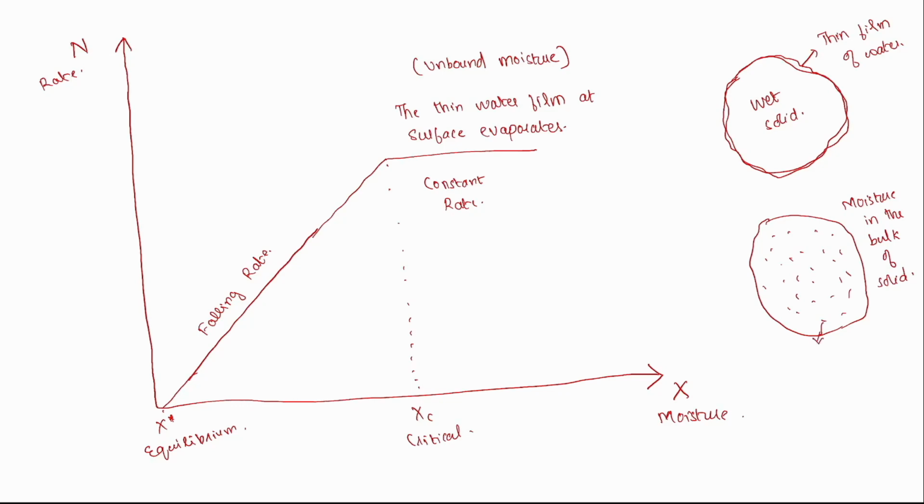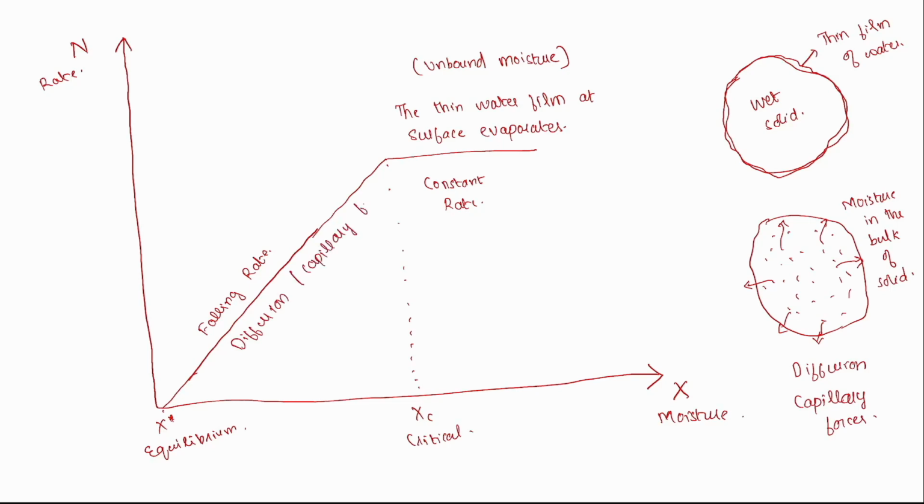So the moisture inside has to come out to the surface, and this happens either by diffusion or by capillary forces. So this happens in the falling rate regime.